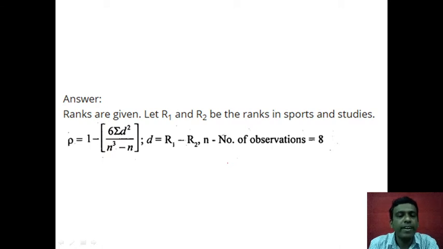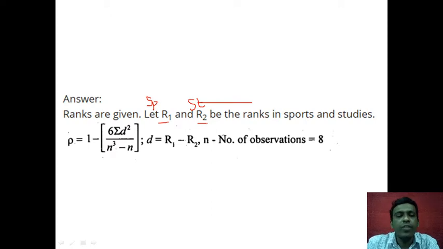But before that, let us know what is the formula that we are going to use. Now the ranks which are given for sports and studies can be denoted as R1 and R2. So R1 is the rank in sports and R2 is the rank obtained in studies.